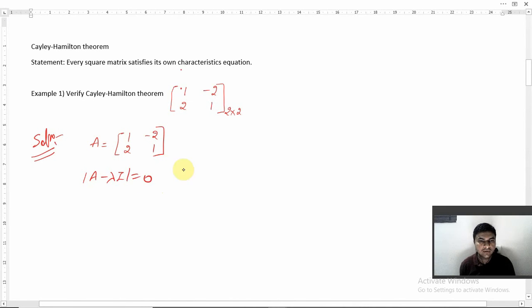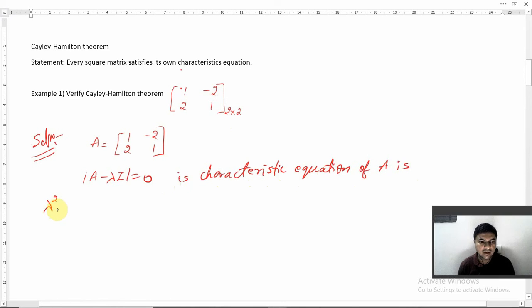So when you write this, this is characteristic equation. Is it clear, students? Now we'll take the characteristic equation of A. Because this is 2 cross 2, please remember the shortcut formula here.